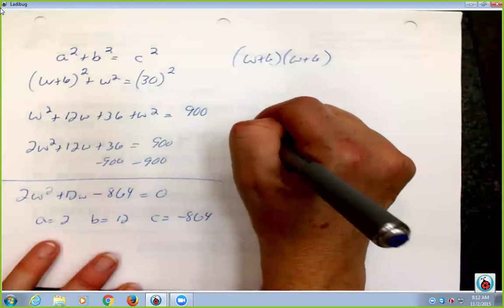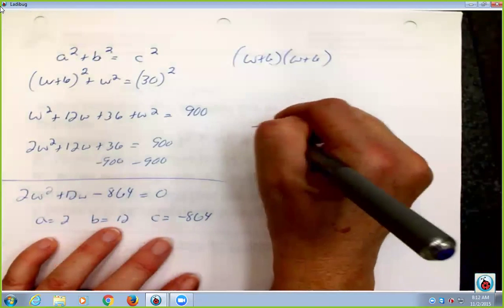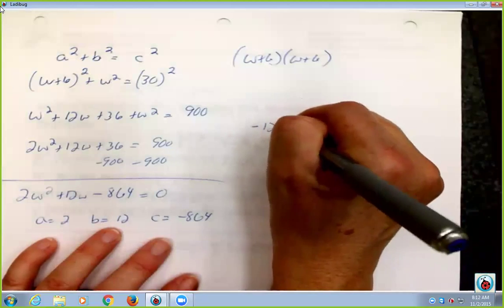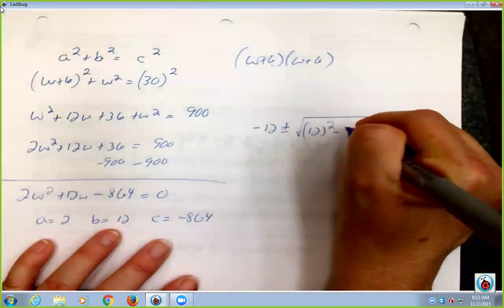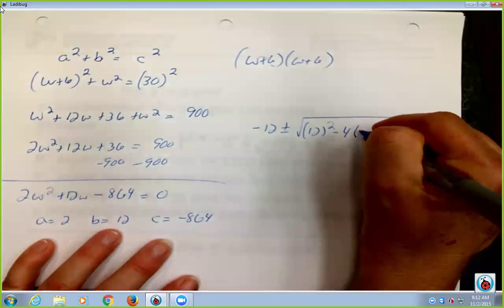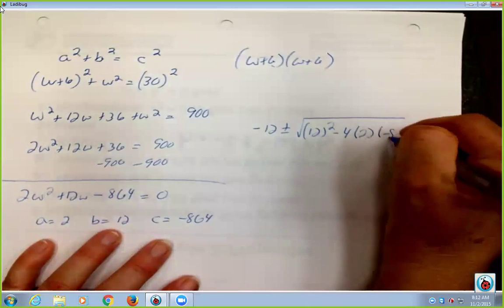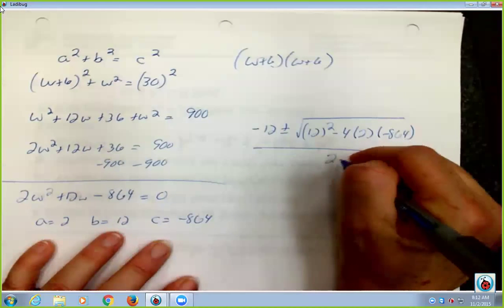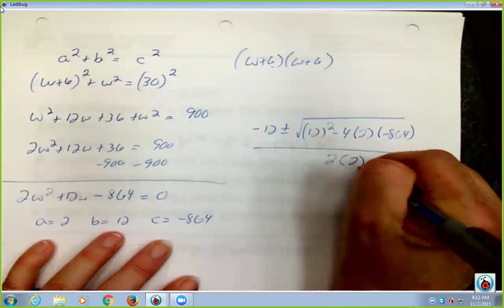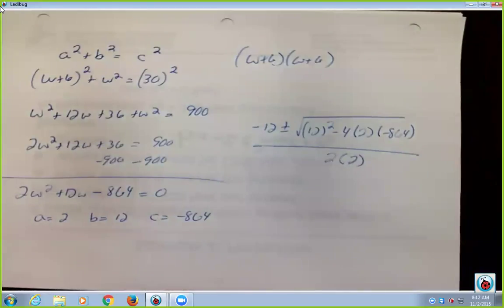So if I plug them in, I have a negative 12 plus or minus the square root of 12 squared minus 4 times 2 times a negative 864 all over 2 times 2. And then I can finish it out from there and come up with what my solution is.